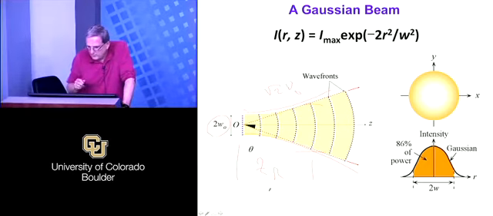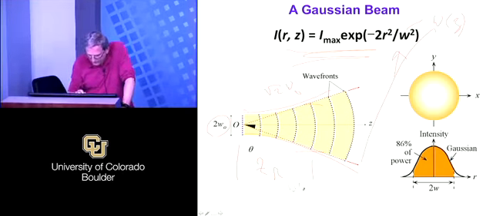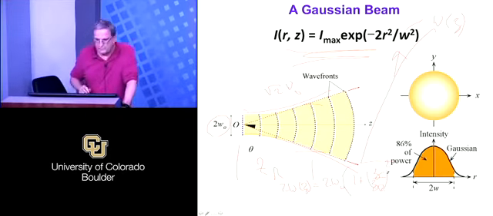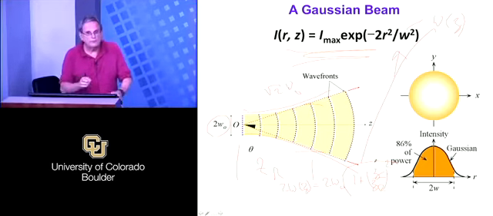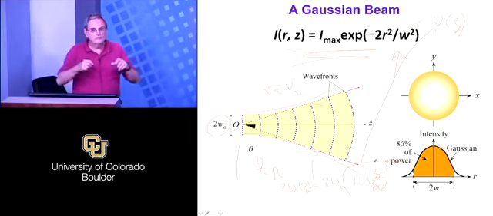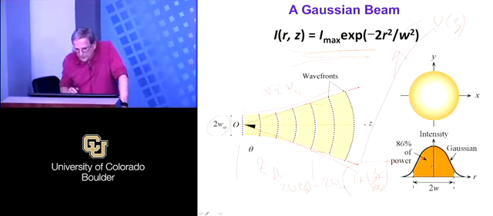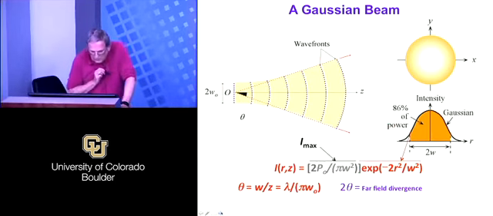And then we can talk about the intensity of this beam, which is going to be the maximum intensity, and then it's going to fall off in this Gaussian, and in general W is a function of Z. And we know what that W is as a function of Z. It looks a whole lot like that. That grows as the square underneath the square root, diffraction limited. Okay, so again, that's our typical Gaussian beam.